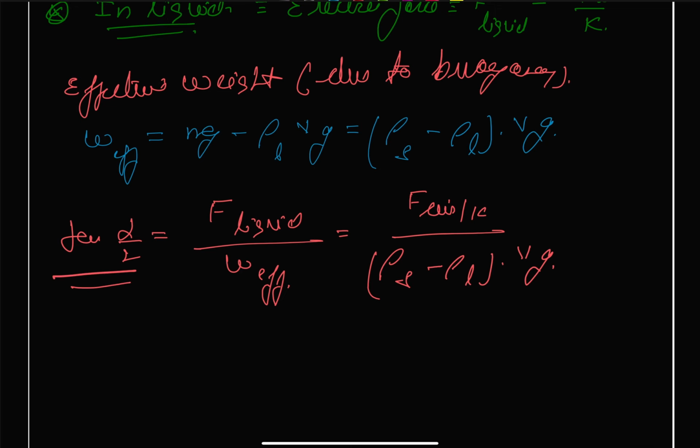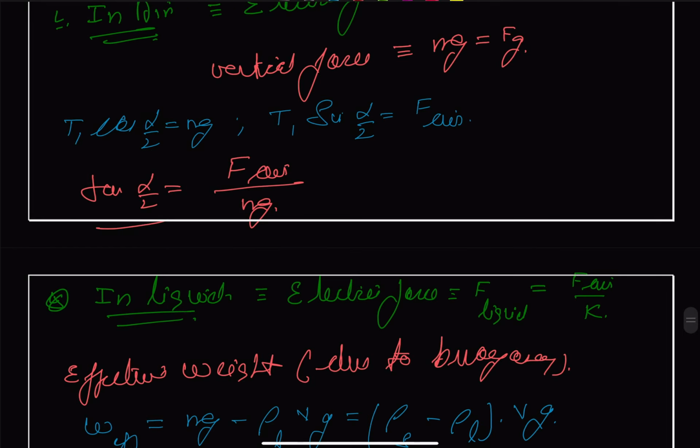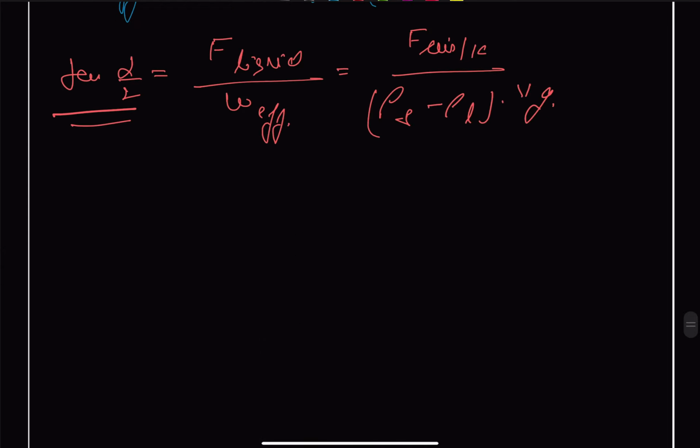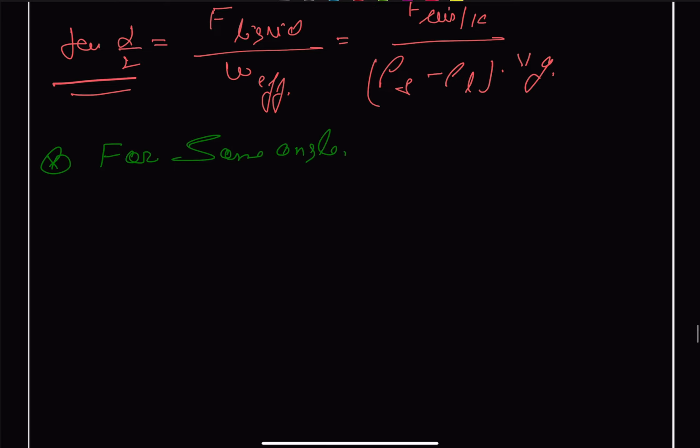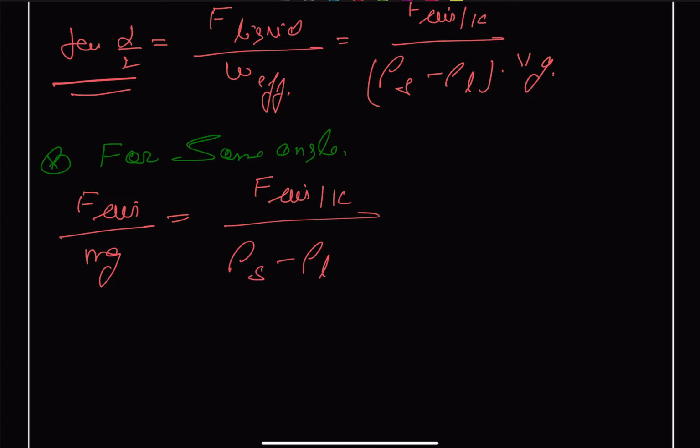So tangent of alpha by 2 and tangent of alpha by 2, so we can write for same angle we get F air upon mg is equal to F air upon K divided by density of sphere minus density of the liquid, volume, and multiply by g.